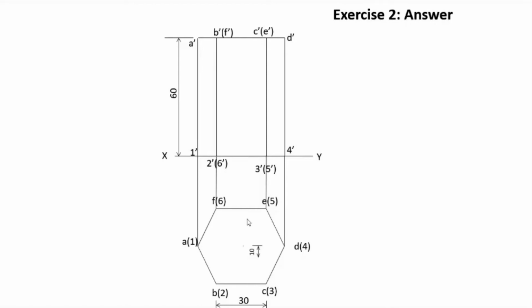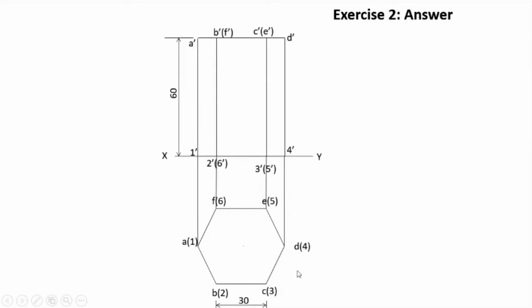Now, what we have to do is determine the axis, the center of the hexagon. How to determine the center of the hexagon? You draw any two diagonals, join B2 to E5 and join A1 to D4, and you will get the center, the axis of the hexagonal prism in the top view.